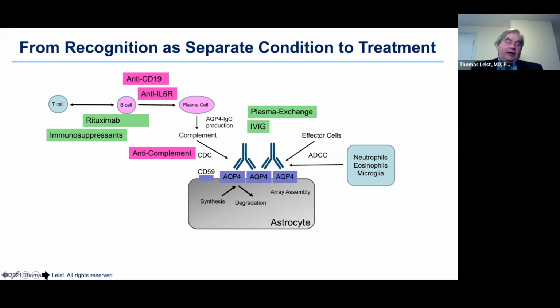Think about it, 2004 to 2019, 2020, that's about 15 years. But this progress was made possible because we understood the underlying pathology of the condition. And this allows us now to progress with actual treatment for individuals with neuromyelitis optica.